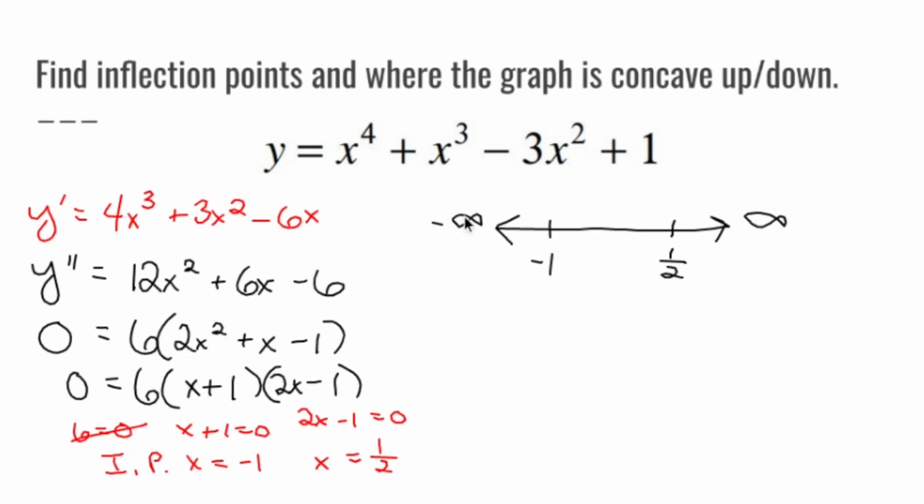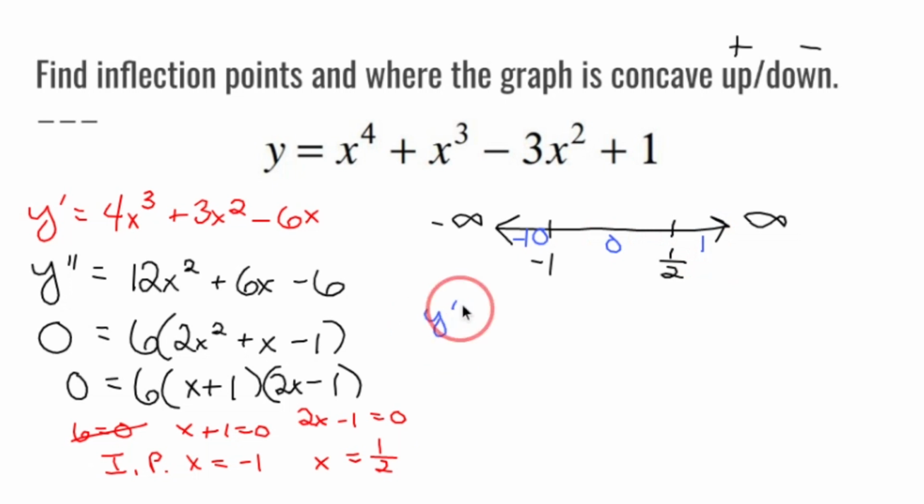I'm going to pick numbers in these three intervals, plug them into my second derivative, and see if I get a positive for concave up or a negative for concave down. Let's pick the easiest numbers we can: negative 10 for this one, then 0, and then 1.